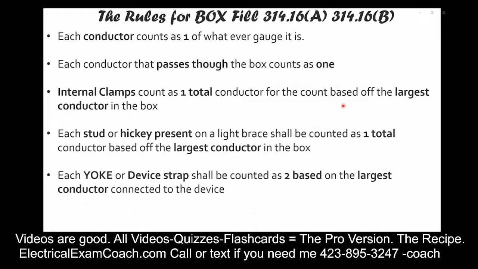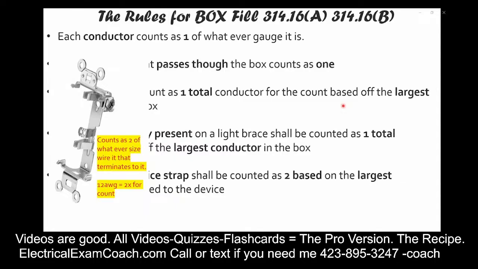Now we need to account for device straps and yokes. What the code states is that each device strap or yoke is going to be counted as 2 based off the largest conductor that's connected to the device. As we learned earlier in the program, this is a device yoke, or what we call a device strap. So each one of those, and how I like to think about it, is each gang of a box.